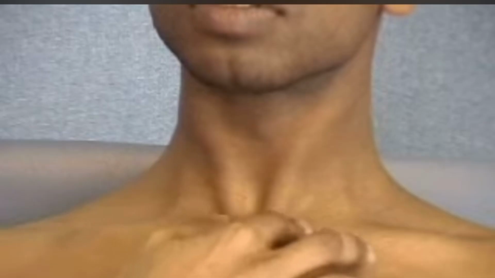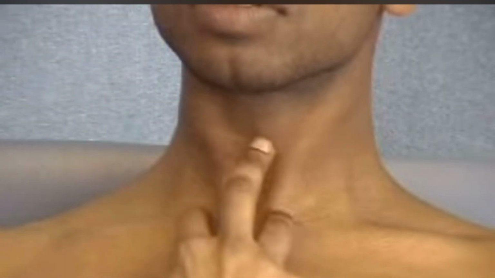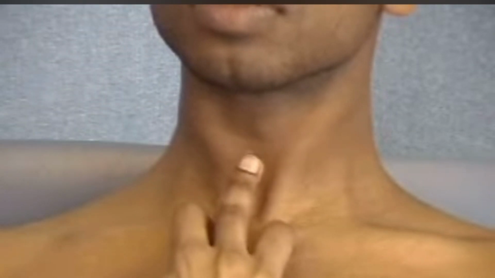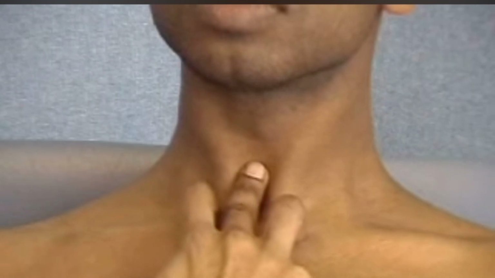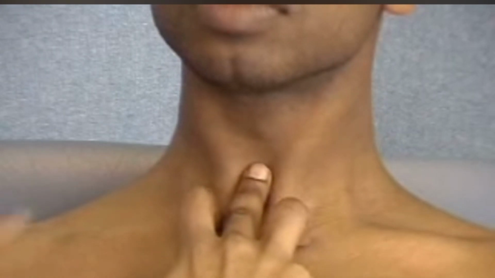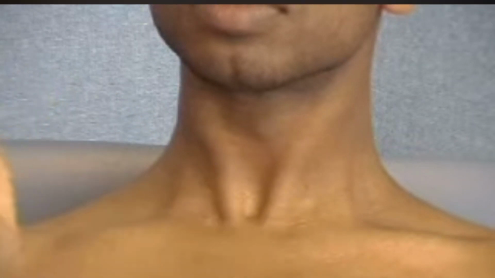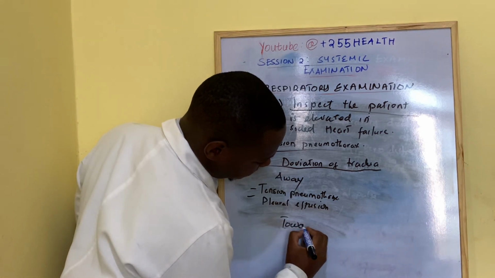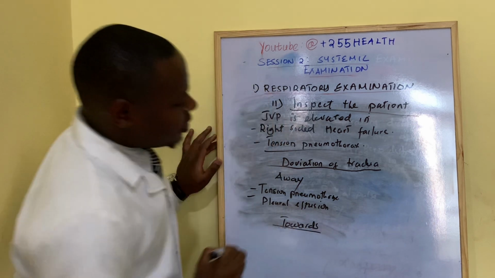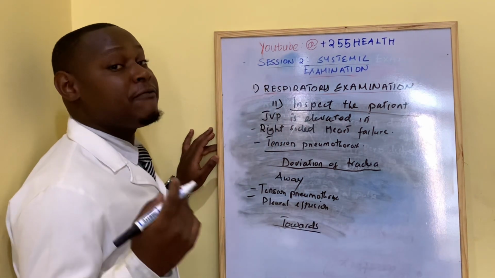So you go to the clavicular heads. Place your index and ring fingers on the two heads, and with your middle finger, you find the position of the trachea and have a look if it's in the midline, because you should be able to see if it's deviated one way or the other. What are the conditions which will make the trachea divert towards?